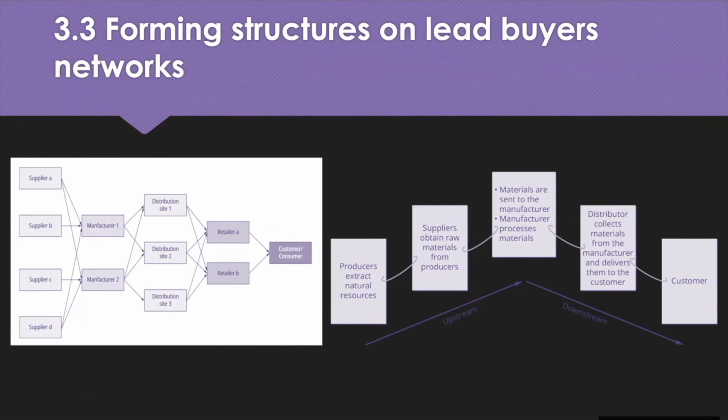And you can see from the diagram on the left-hand side that it ends up looking like a network, really, because the customer and consumer could go and buy from either of the retailers. Those distribution sites are supplying both the retailers, so are the manufacturers, and so are the suppliers. So there's a lot of crossover and consolidation that is needed in order to make sure that you get from one end of the chain to the other and still satisfy the customer.